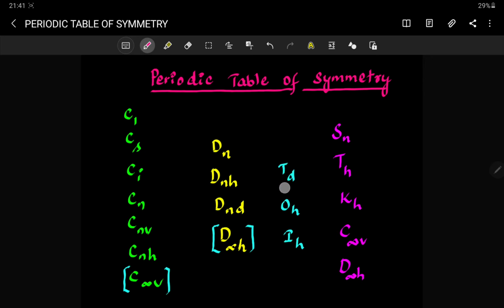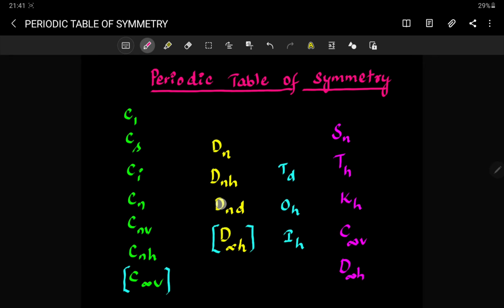Later on we find cubic type that include tetrahedral, octahedral and icosahedral point groups. Along with these three major types, one can also find Sn, Th, Kh and infinite point groups like C∞v and D∞h.